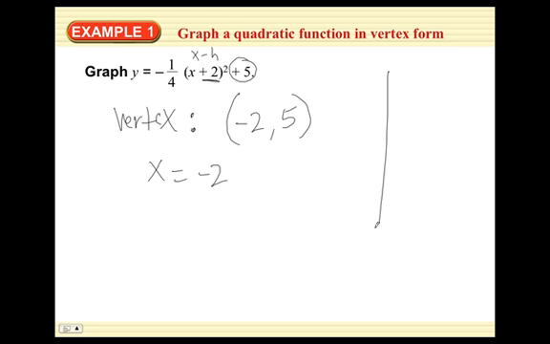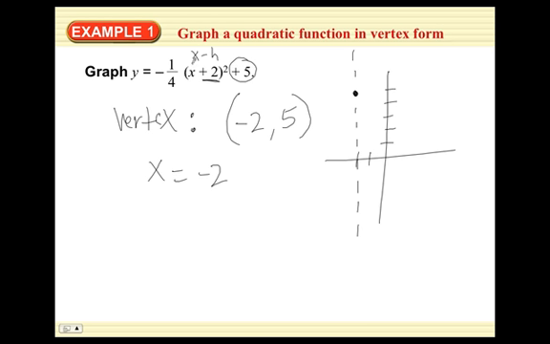So, on your graph, you would just plot the vertex. Negative 2, comma 5. Plot the vertex. And always draw the axis of symmetry. So, it's right there. x equals negative 2. Now, to get my points, now I would use my calculator. Could you not use a calculator? Yes, you could plug in some x's, get some y's.